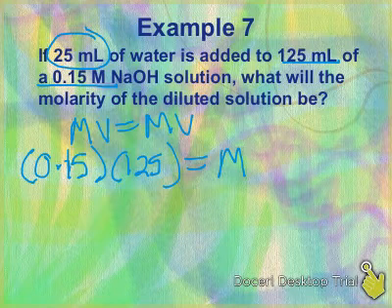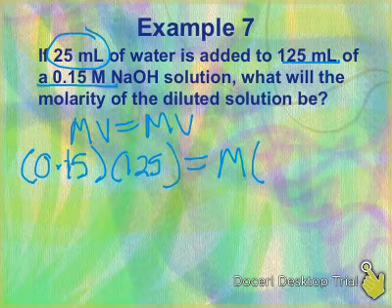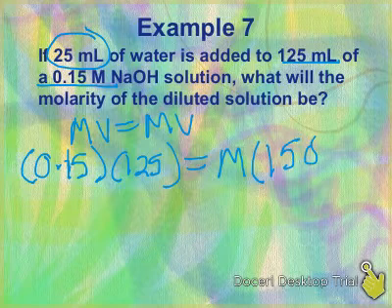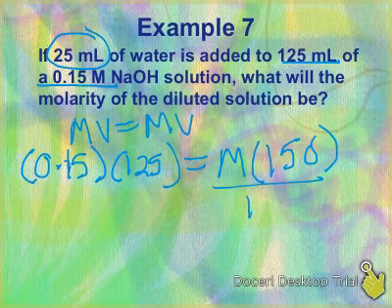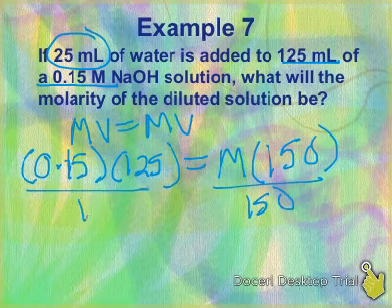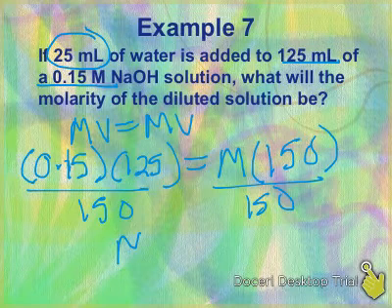And it has to equal our final volume. Do I put 25 milliliters here? No. If you read it, it says 25 milliliters is added to 125 milliliters. So our final volume is not going to be 25, it's going to be 150. To get molarity by itself, you divide each side by 150, which gives us a molarity of 0.125.